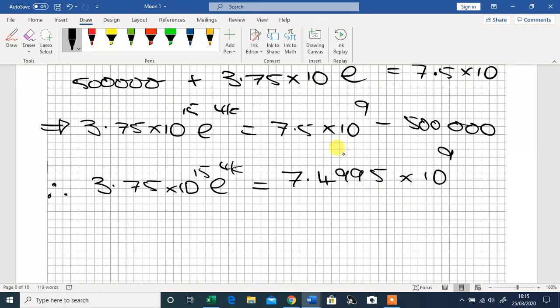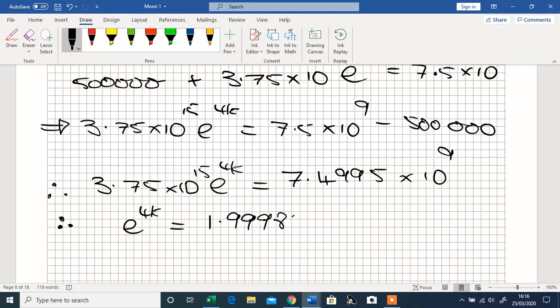Dividing both sides by 3.75 times 10 to the 15, we get e to the 4k is equal to, I'm actually going to write this out with quite a few decimal places.